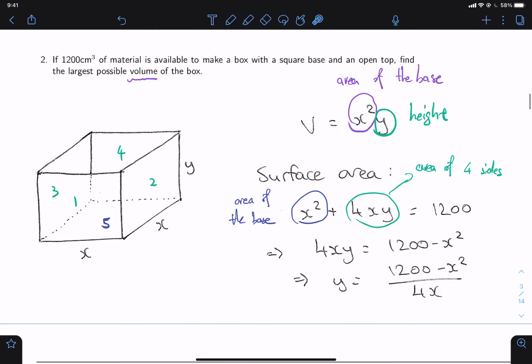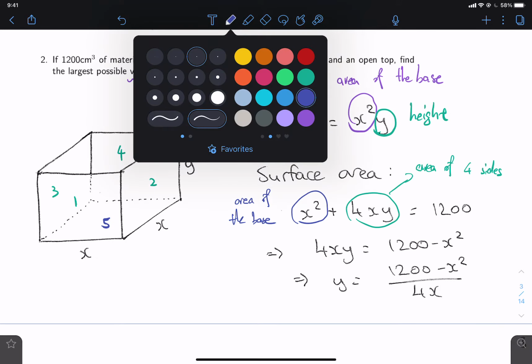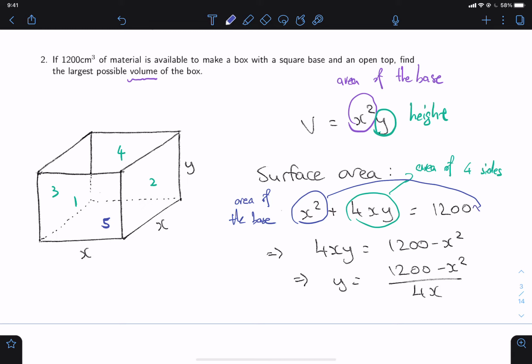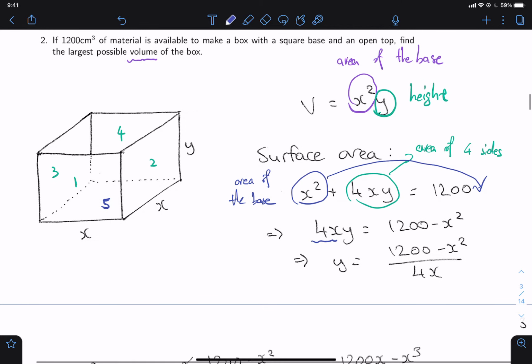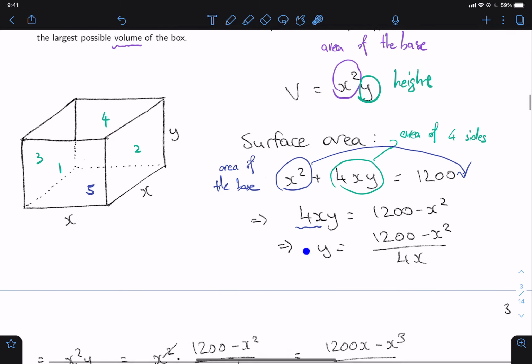So we move x squared to the other side: 4xy is equal to 1200 minus x squared. Then we divide both sides by 4x. Now we have y expressed in terms of only x.